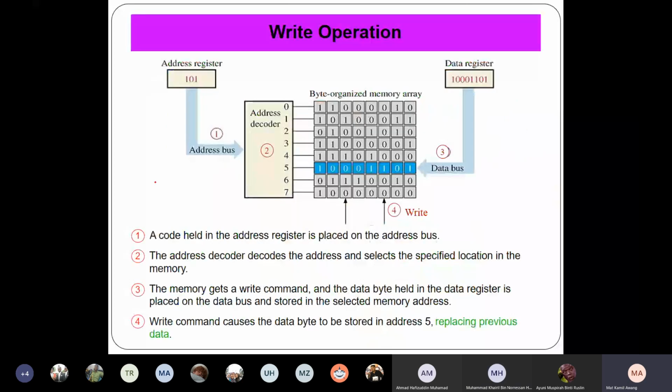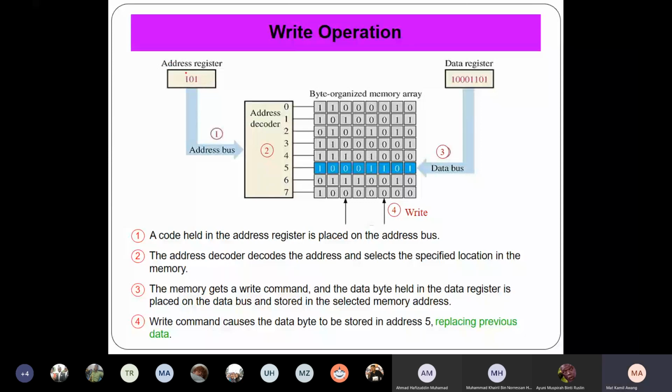Okay, now we go into how the write operation is done. Very simple. Let's say you want to write this data, 10001101, into a location indicated by the address register of 101.